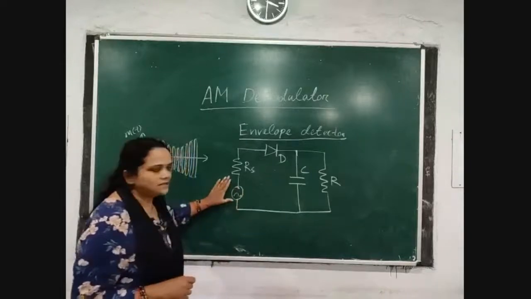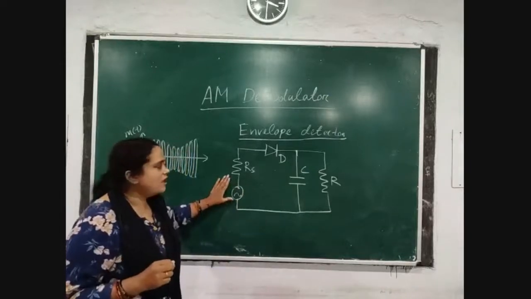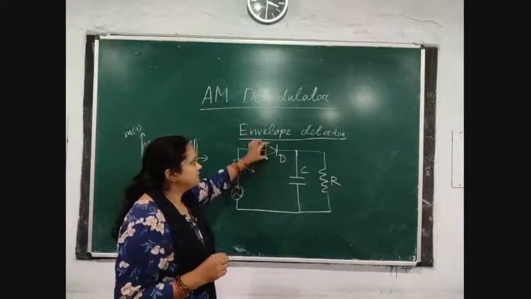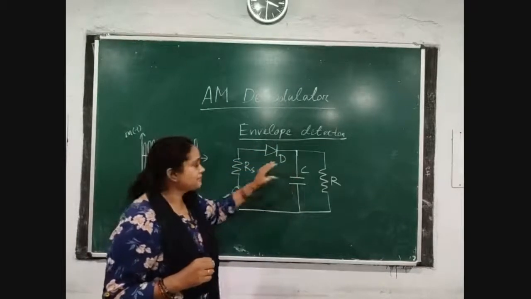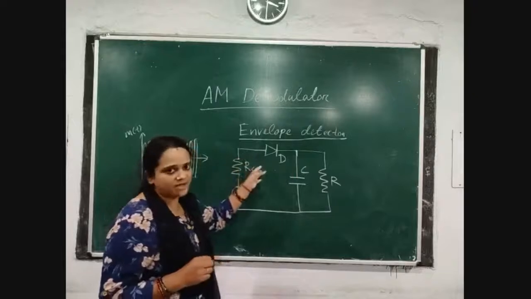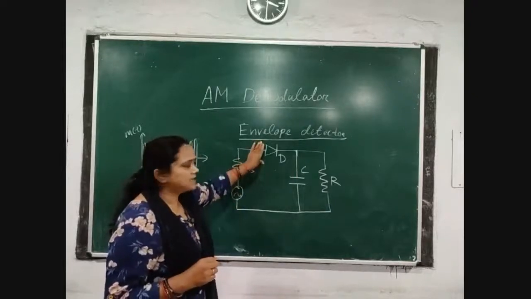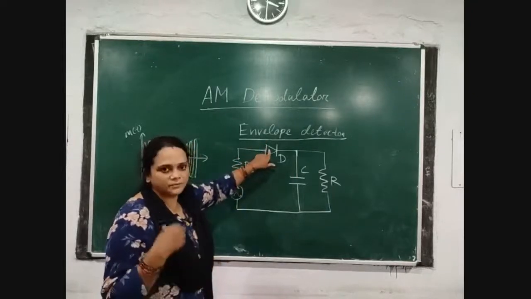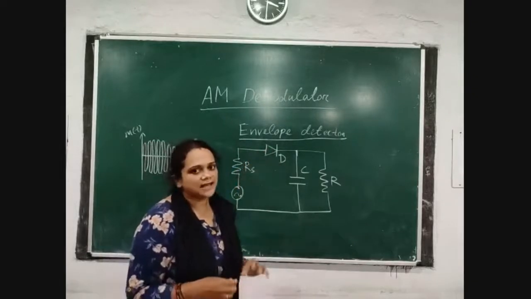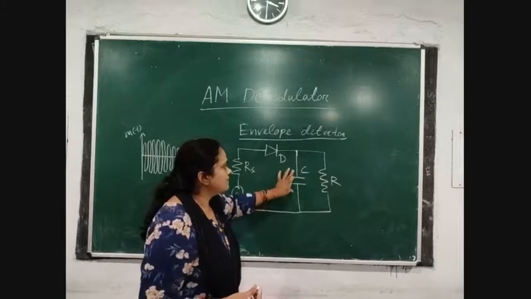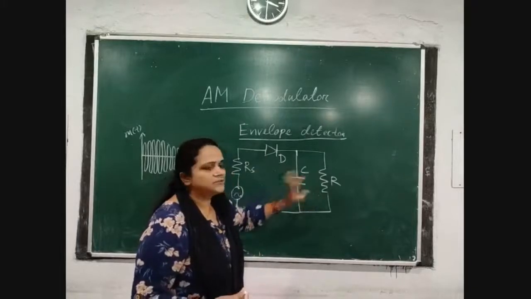So when we give the positive half cycle, during that duration the diode conducts and the capacitor charges. Then when we give the negative half cycle, the diode is in reverse bias condition, there is no conduction and the capacitor starts to discharge.